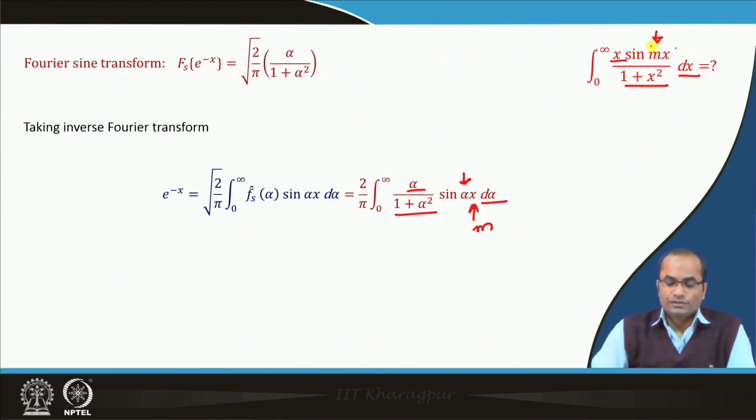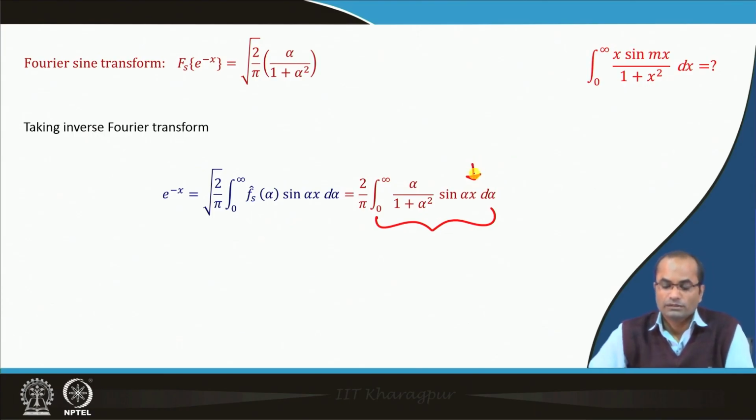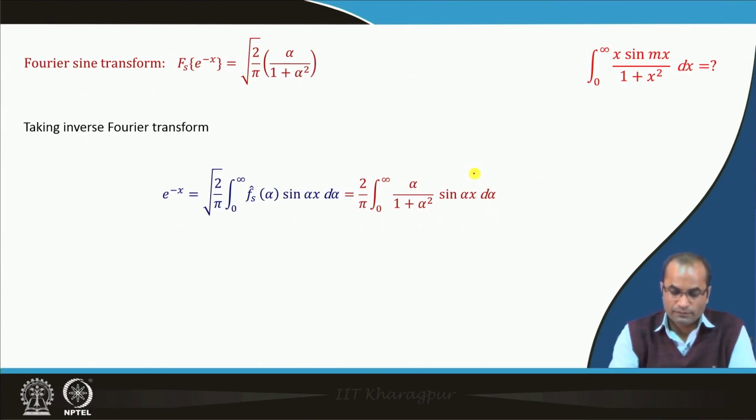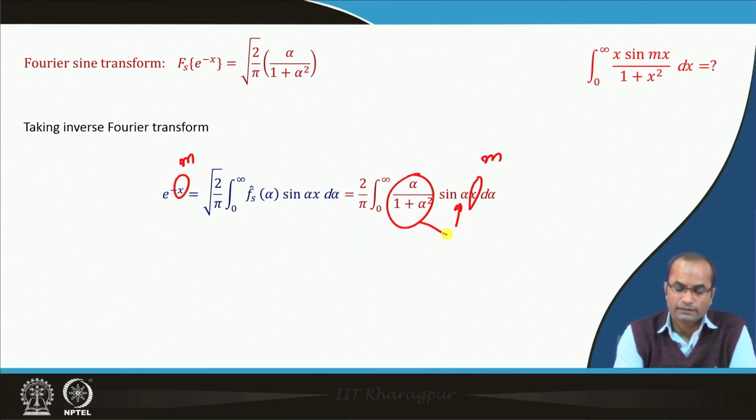So, if we interchange in this integral now, this alpha if we replace by x, but then this x must be replaced by some other number m. So, we can replace this x by m, and then this alpha which is appearing here and here, we can replace by this x.